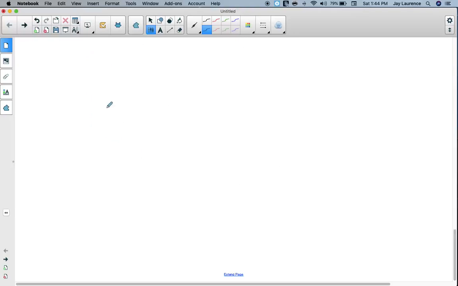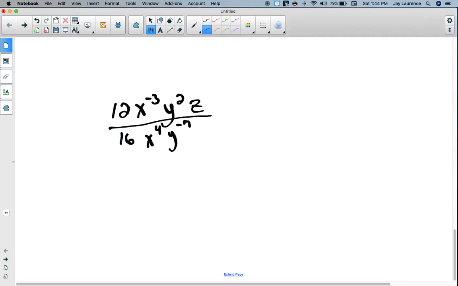So what would you do with a problem like this? Let's see here. Let's go 12x cubed y squared z over 16 x to the 4th, y to the negative 7th, and we'll do that to a z.